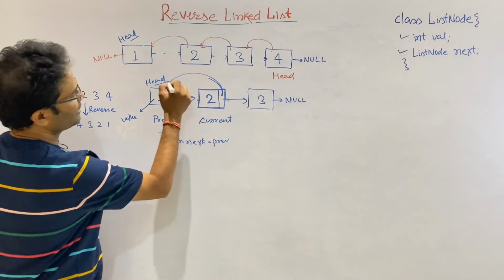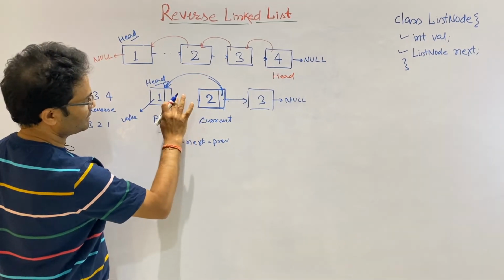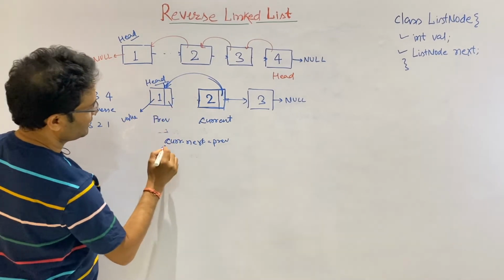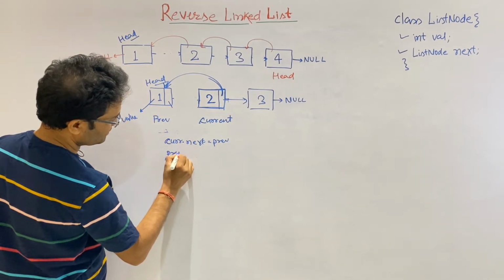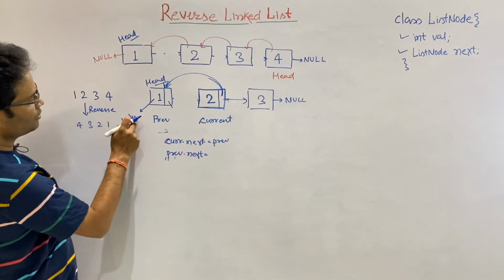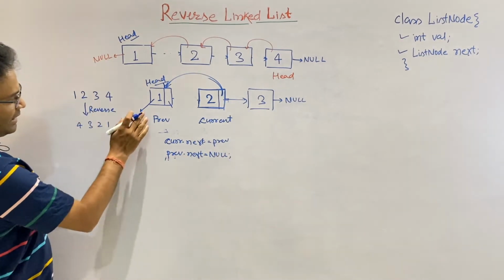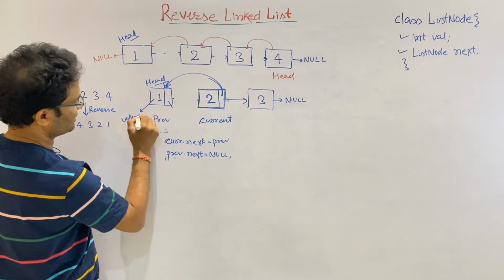So now it will become this one, right? And this one you have to delete. So of course, then previous dot next is equal to null, or whatever name is there. We achieve this part also. So this is the null.